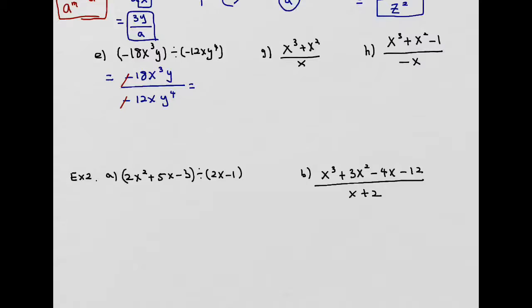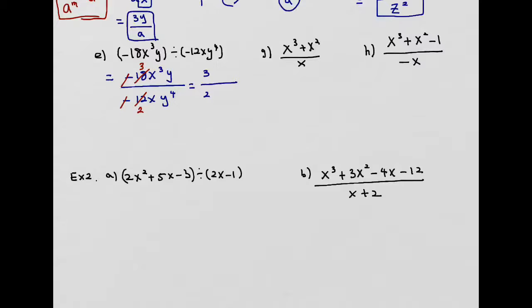And for 18 over 12, 6 goes into 18 3 times. 6 goes into 12 2 times. So I will have 3 remaining on the numerator and 2 remaining on the denominator.